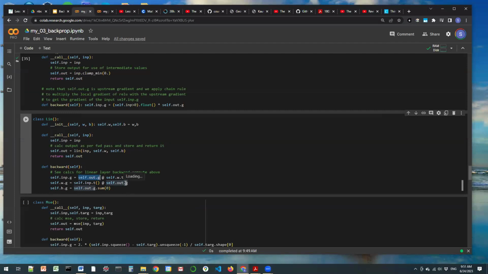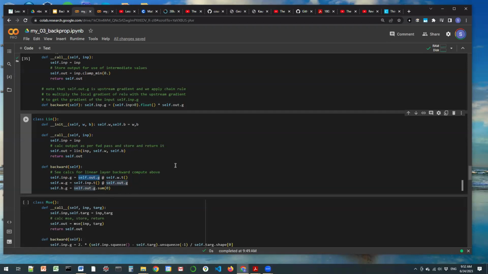So basically, in every instance, we use self.out.g to multiply. Where it multiplies, on which side and in what matrix shape, is determined by what I quickly ran through about taking a derivative of a matrix with respect to a matrix, and what happens as you compose the functions. But for a simple two-layer linear network, it's very easy to work through the shapes and convince yourself that these are the correct equations.